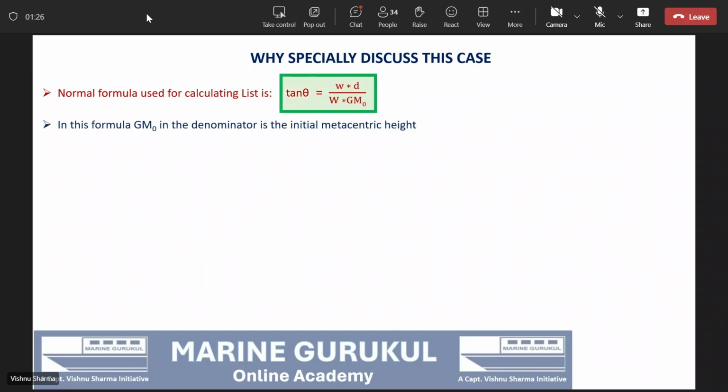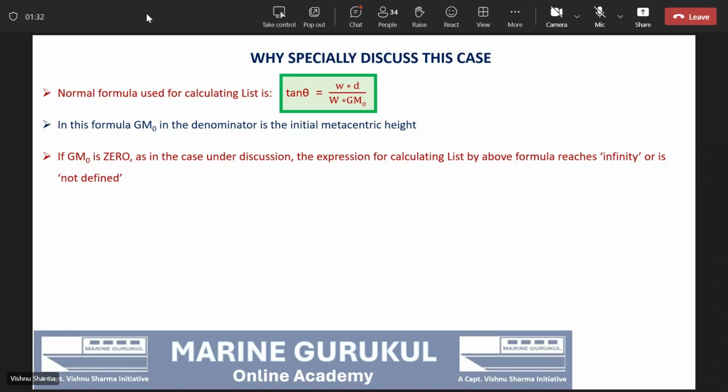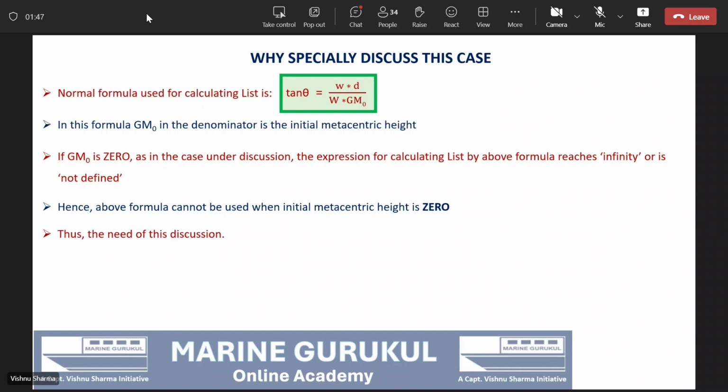In this formula, GM0 is the initial metacentric height, and of course, it's fluid. If GM is 0, as in the case under discussion, the expression for calculating the list by the above formula reaches infinity or is not defined. Hence, the above formula cannot be used when the initial metacentric height is 0. Thus, the need for discussion of this particular topic.